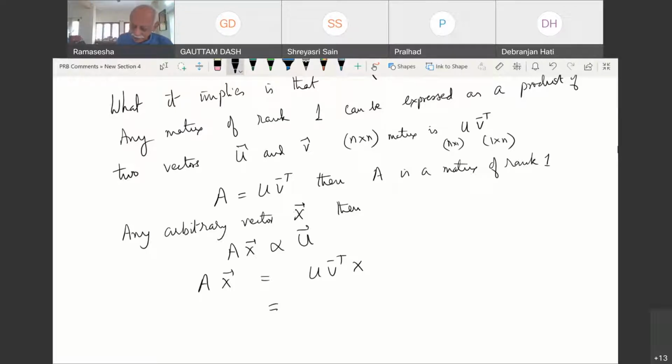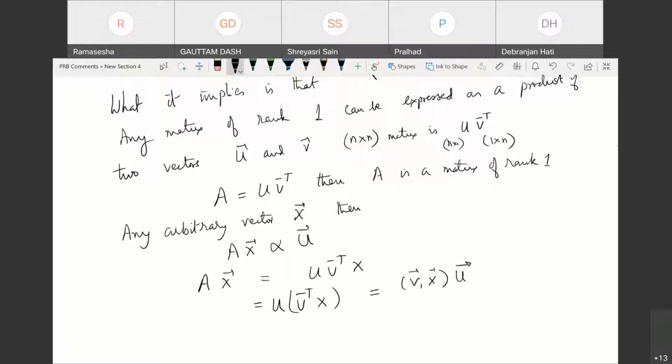I can write it as the inner product of V and x, times u.